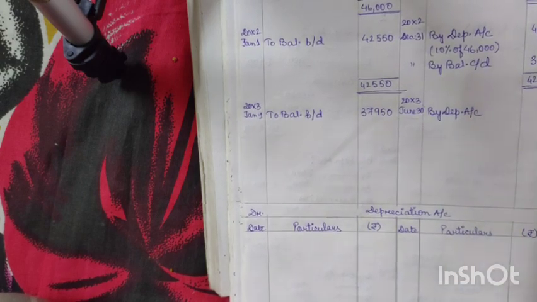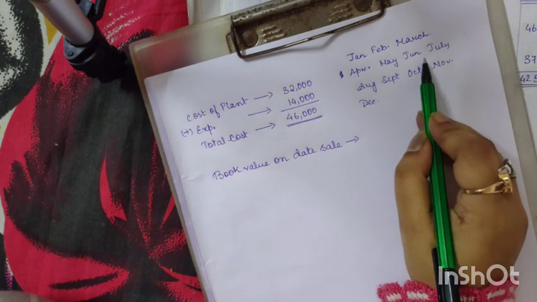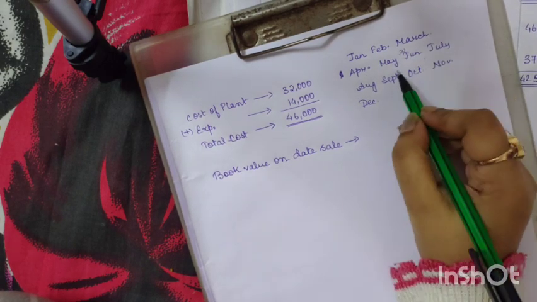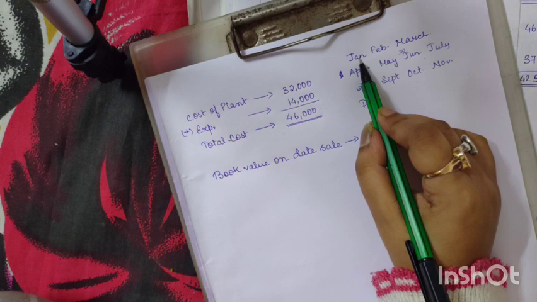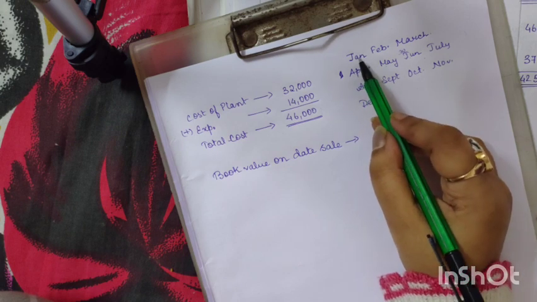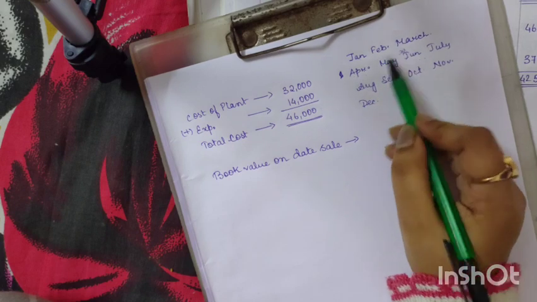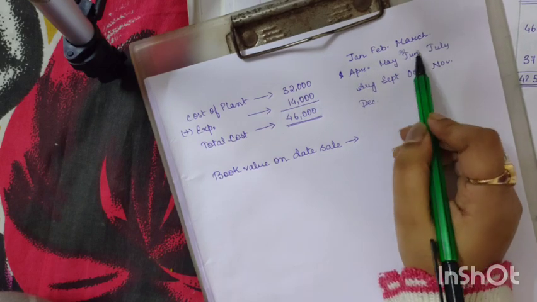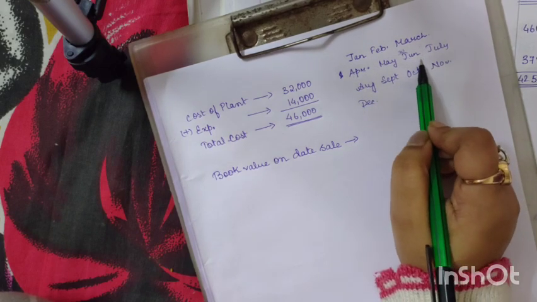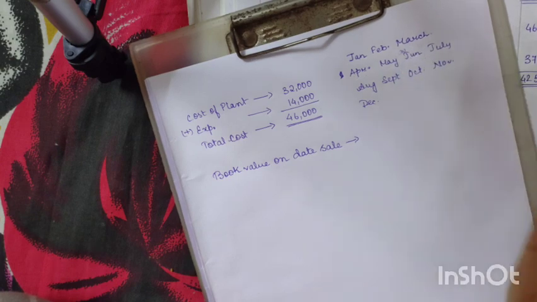So on June 30 the plant was sold. The year begins in January. So for how many months have we used the plant then? 1, 2, 3, 4, 5, 6. So for 6 months we have used the plant, because on June 30th it was sold.